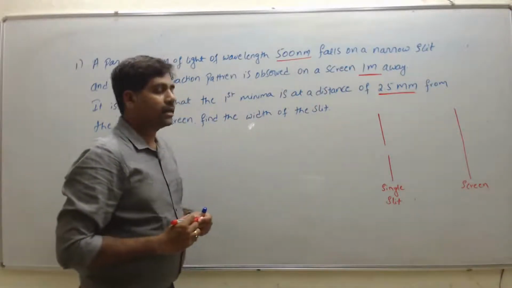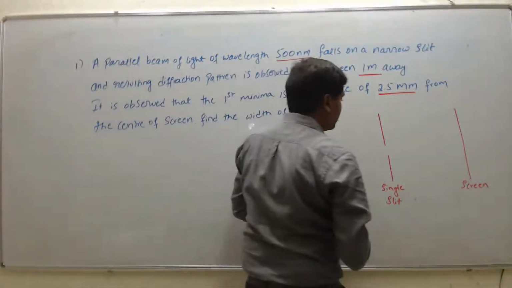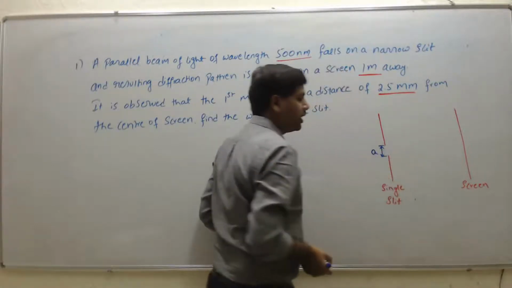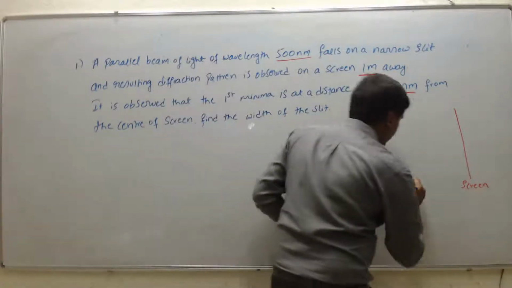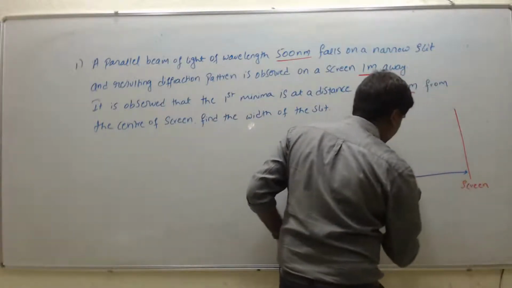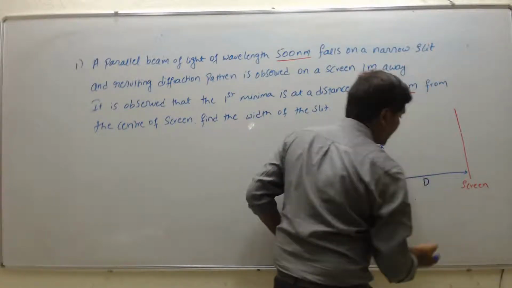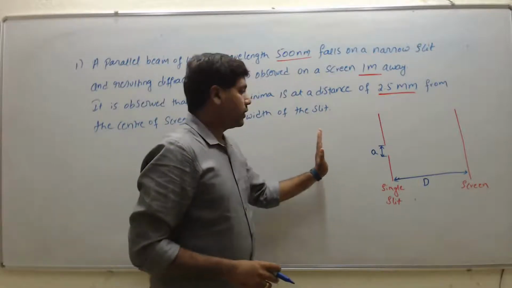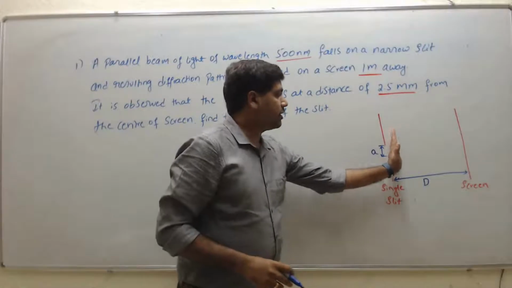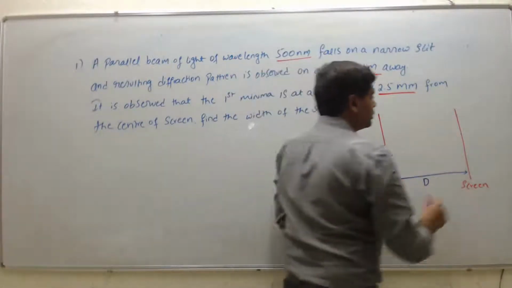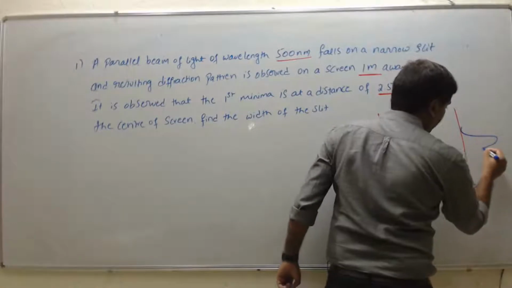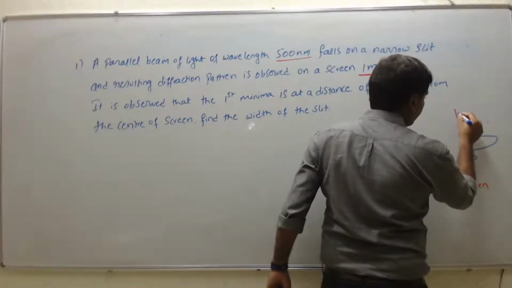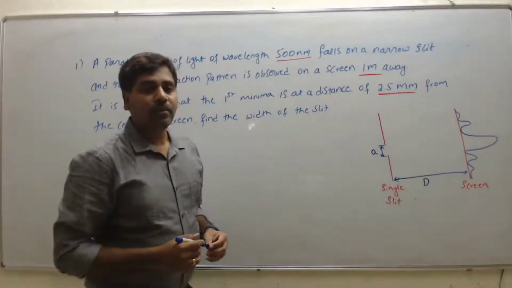The slit width we always take as a, where a is the slit width, and as in Young's experiment, the distance between the slit and the screen is taken as D. The light of the given wavelength falls onto the slit, and we obtain the diffraction pattern on this screen. So this is the diffraction pattern.